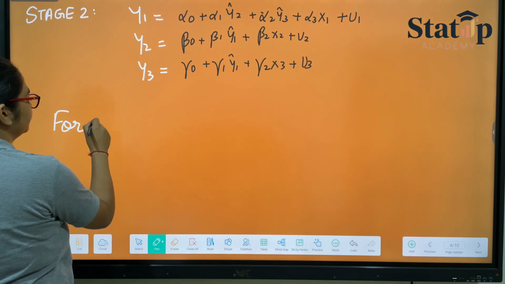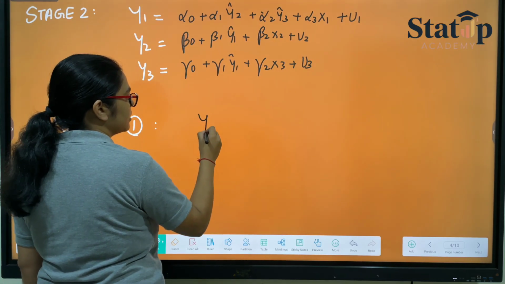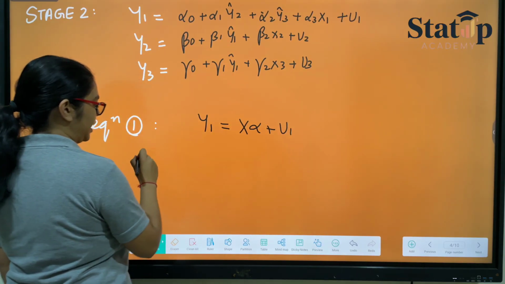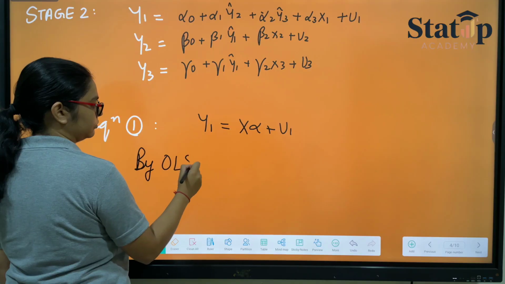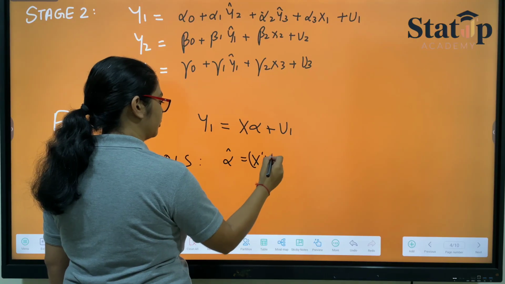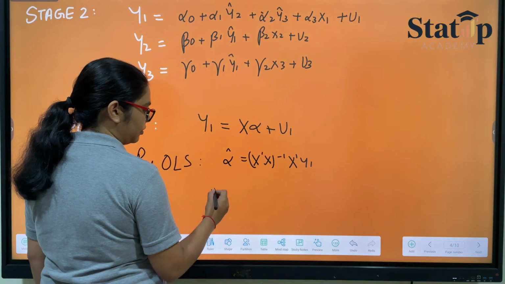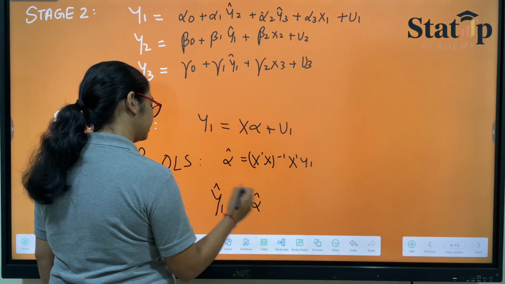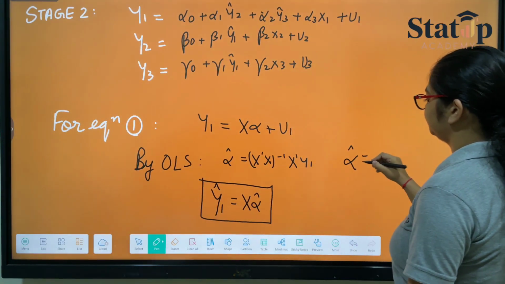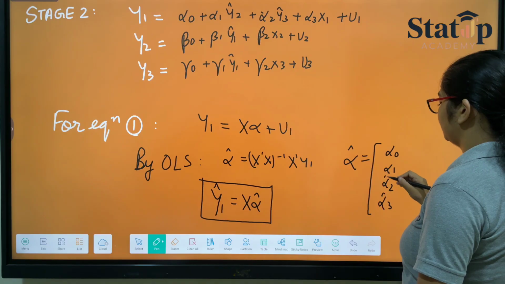For equation 1, equation 1 can be taken as y1 equals x alpha plus u1, and by OLS again we can find alpha cap equals x dash x inverse x dash y1, and hence we can find the predicted value of y1, where alpha cap is nothing but alpha naught, alpha 1, alpha 2, alpha 3 cap.